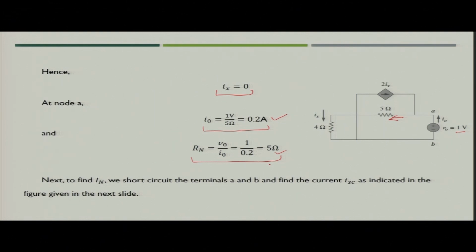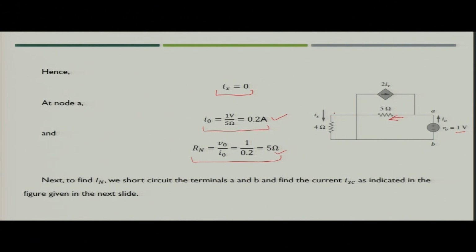Now, if you see directly from this figure, if you do not apply voltage supply here, then also you can make out the Thevenin's, the Norton's resistance. Why? How you can get it? Because this is anyway short circuited.